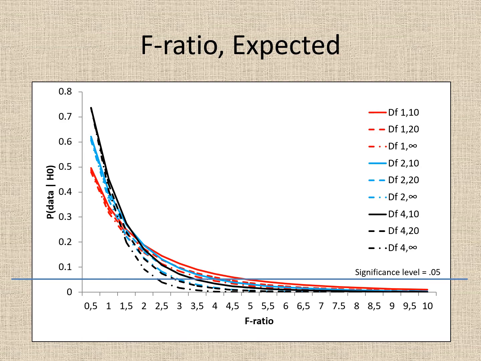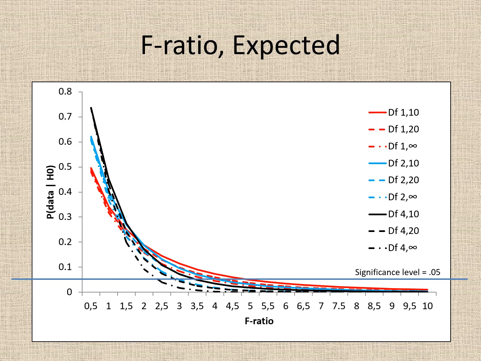If we draw 2 samples from 2 populations that have the same mean, and our samples are of size 6, then the probability of getting an F ratio of 1 or larger is 30%. If the null hypothesis is correct, the probability of getting an F ratio larger than 2 is 20%, larger than 3, 10%, and so on.